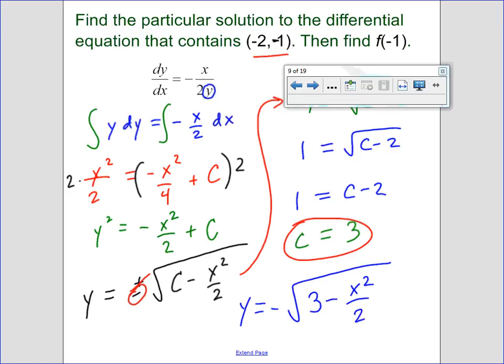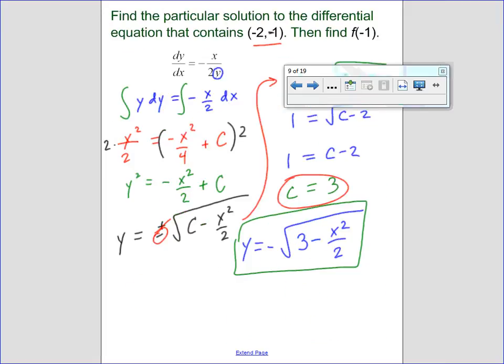Alright guys, we wanted to know how good of a job Euler's method did in approximating the value of my function when x equals negative 1. So let's use our particular solution curve and evaluate when x equals negative 1 and see how we did. So we'll go ahead and rewrite this. If we evaluate this at x equals negative 1, I'm getting the opposite of the square root of 3 minus 1 over 2.